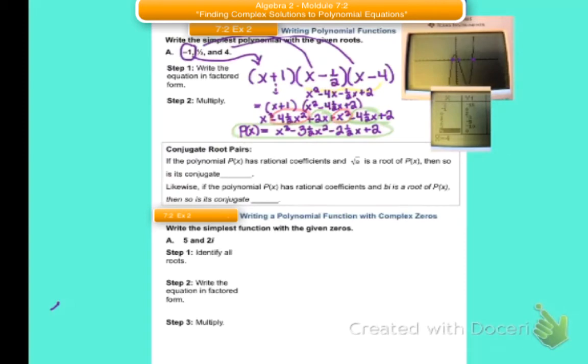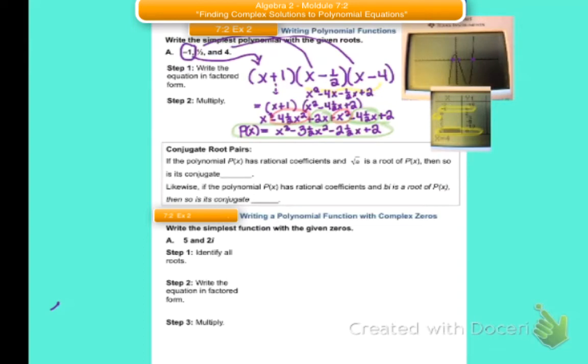If you look at the table, you can see the solution there at -1, and the one down here at 4. You can't see the other one in this table because the x's are scaled by 1s, just integer values. But between 0 and 1, which is where the half would be, the sign has changed on the output, which means it's crossed over from above the x-axis to below.